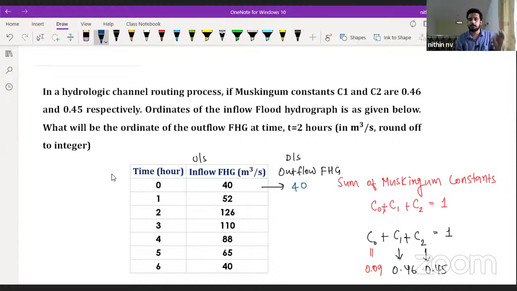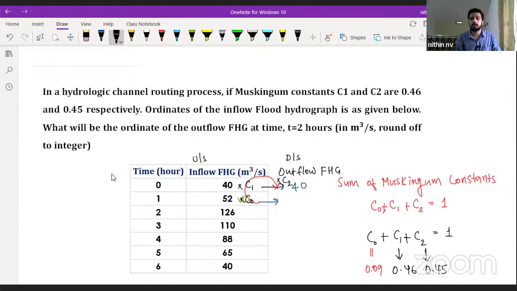The first and last ordinates of a flood hydrograph will be equal to base flow, whereas for a DRH and unit hydrograph that will be 0. Now how to calculate the second ordinate? We have an equation, but just forget the equation, just use the trick only. Just go in the clockwise direction by multiplying with C naught, C1, C2. That's it.